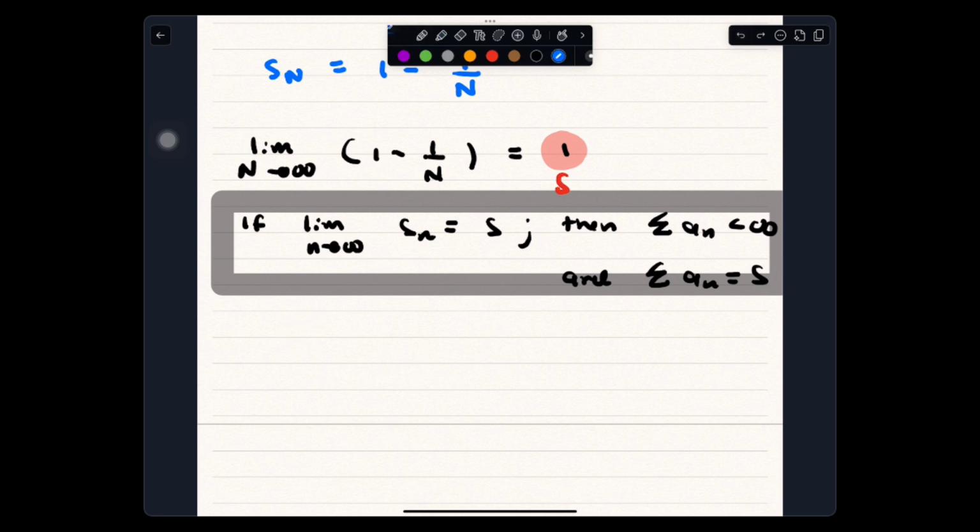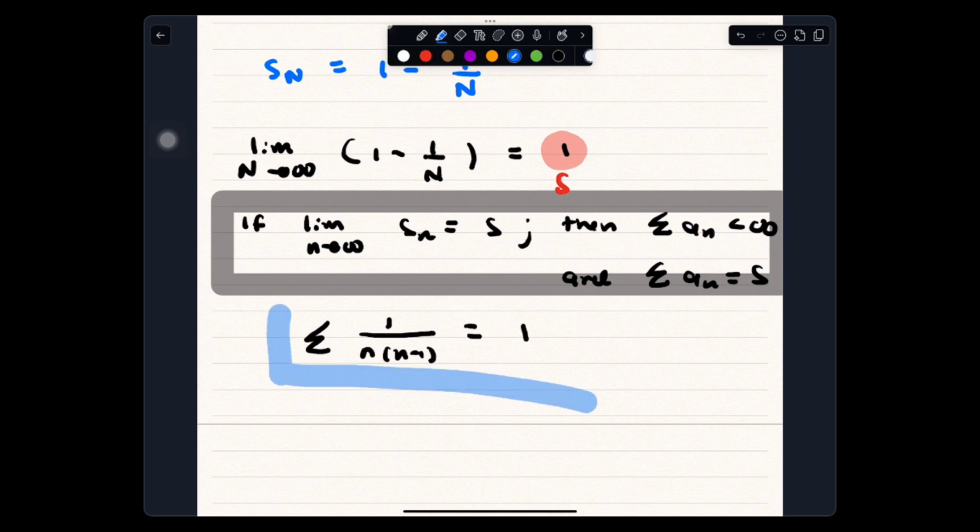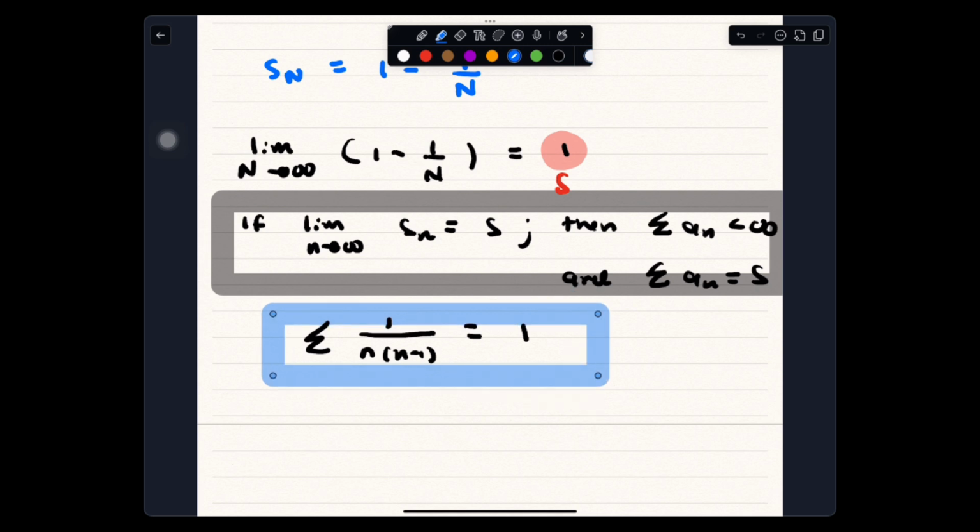So we can say now that the series we started with, the sum of 1 over n times n minus 1, is equal to the number 1. We have, in fact, convergence here.